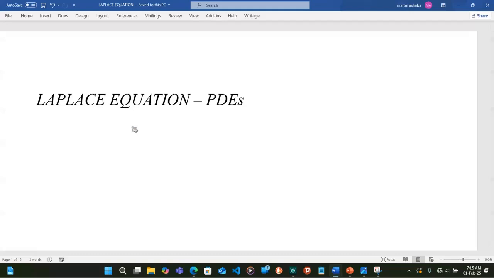Then we also look at it in quantum mechanics and quantum physics, in free particle wave functions, and later on in structural engineering for stress analysis in materials.